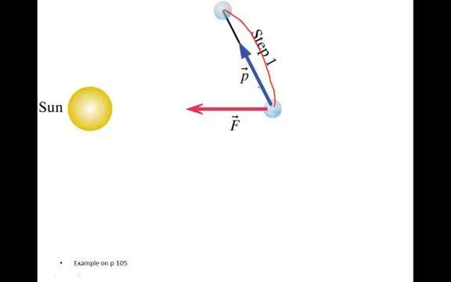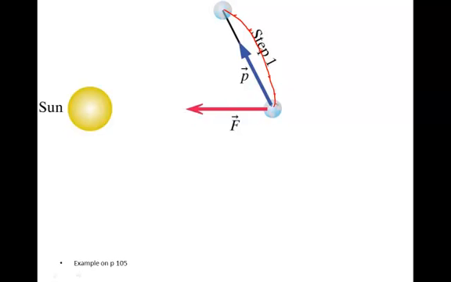So rather than looking at the effect of the force at all of these little points, we're just going to approximate by assuming that whatever the force is at this point, that force is constant over this whole path, and that the momentum itself changes right at this point, due to that force.